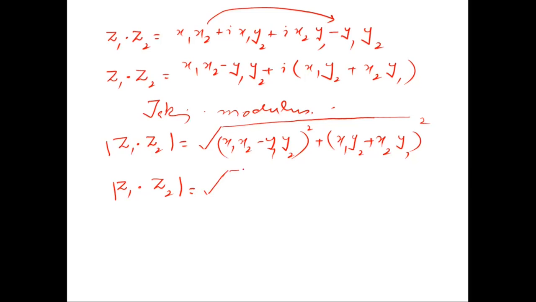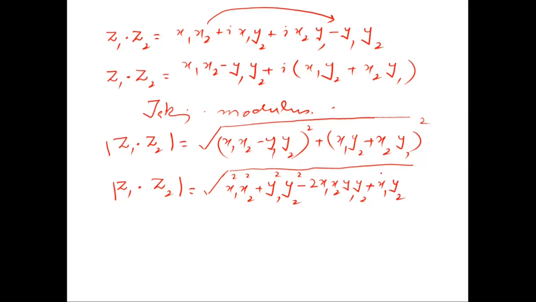z1 multiply z2 modulus equals square root of x1 x2 whole square plus y1 y2 whole square minus 2 x1 x2 y1 y2, a minus b whole square, plus, here a plus b whole square, so it becomes x1 y2 whole square plus x2 y1 whole square plus 2 x1 x2 y1 y2.